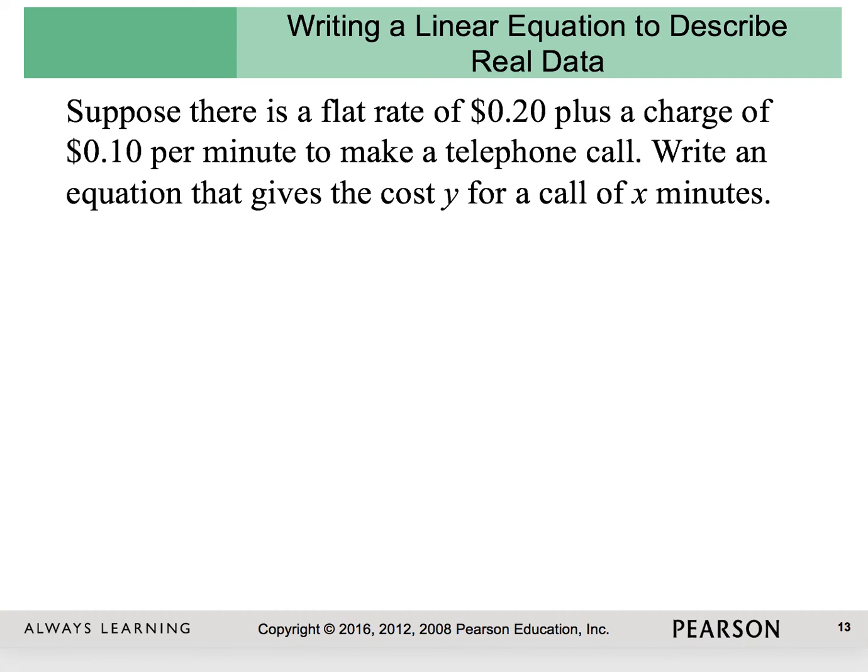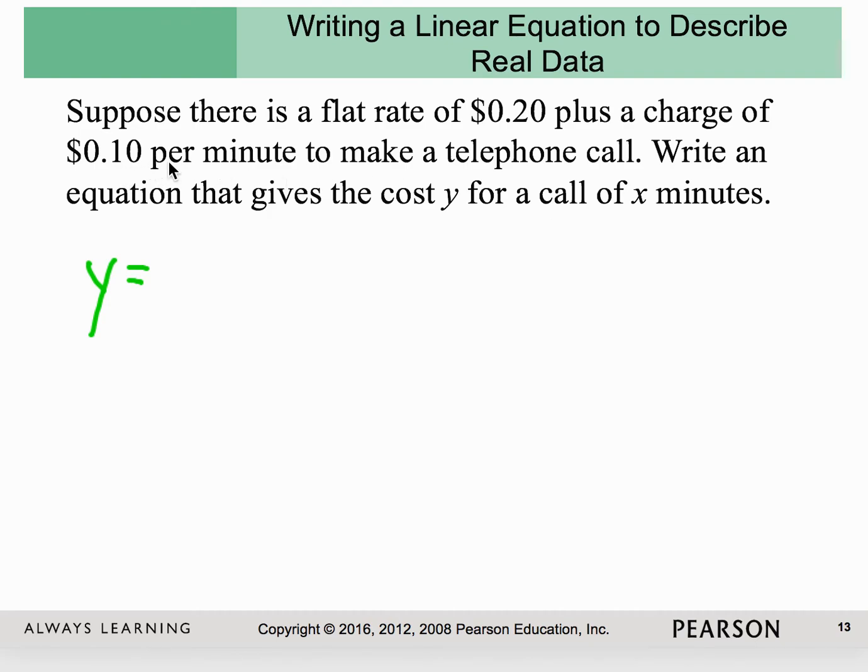Suppose there is a flat rate of 20 cents plus a charge of 10 cents per minute to make a phone call. Right, remember those days? You probably don't remember those days. Write an equation that gives the cost y for a call of x minutes. Okay, so the cost is y, so we're going to write y equals, and it says put the minutes in x.